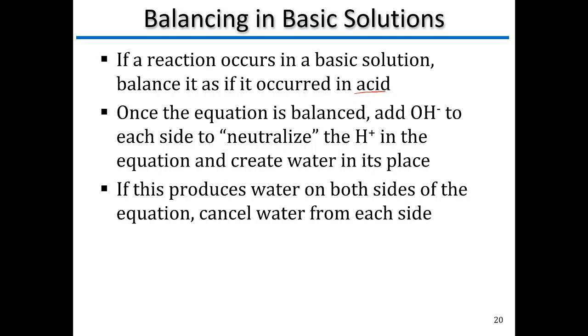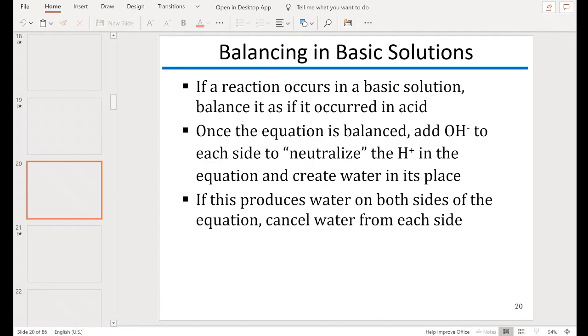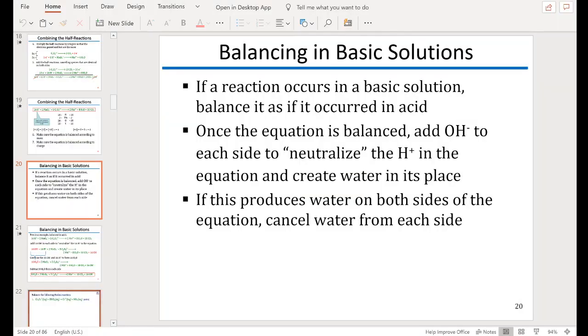Once the equation is balanced, add OH minus to each side to neutralize the H plus, creating water in its place. For every H plus and OH minus that you can combine, they form water. If this produces water on both sides of the equation, then you can cancel it out. So it's the exact same process, only this time you have to balance it at the end with OH minus.